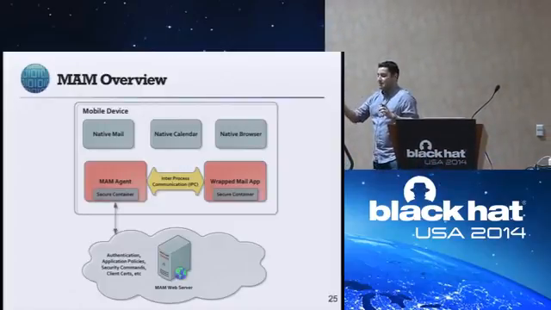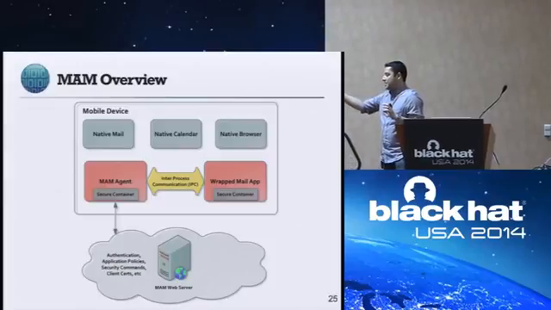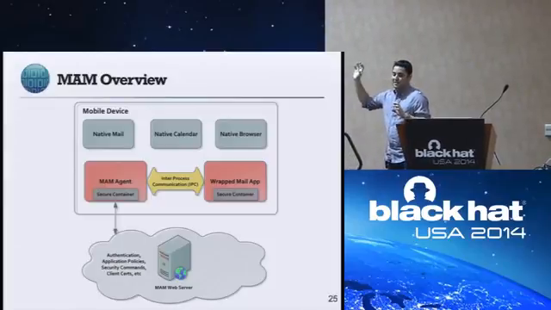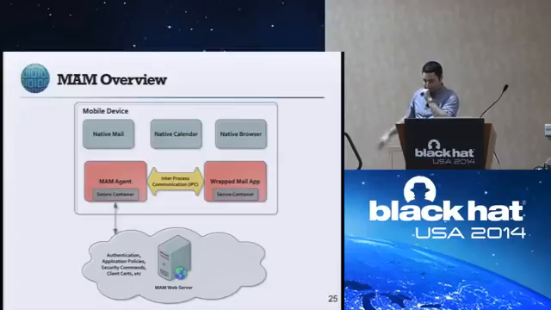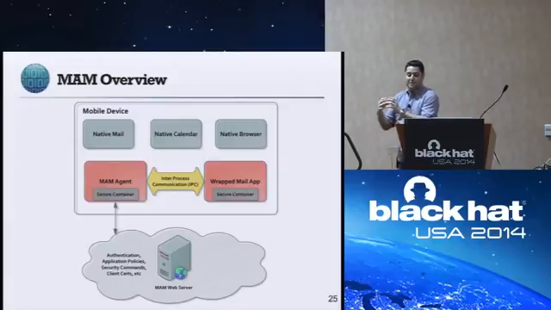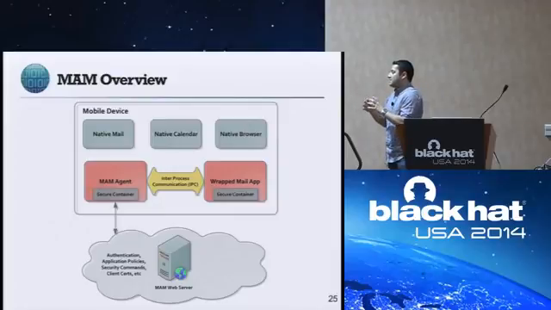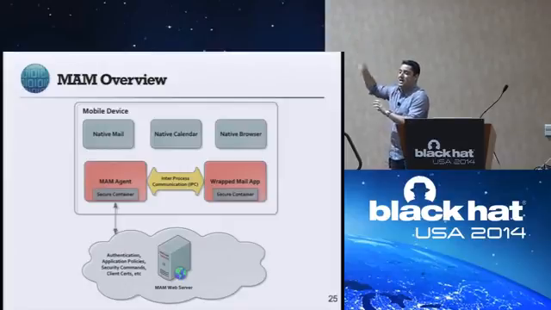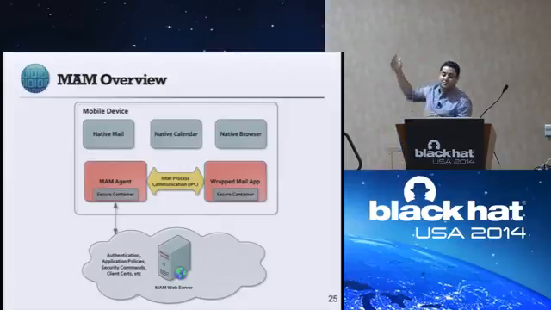So a custom mail app, a wrapped document viewer app, a wrapped address book, or whatnot, right? And these are going to be secured. These can enforce actual policies, and they can enforce data protection. However, what you don't want is any scenario where I can go from one of those wrapped apps out into a native app, because now I can't control that data anymore.